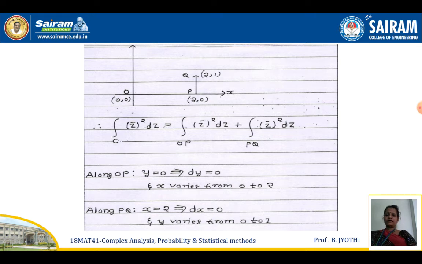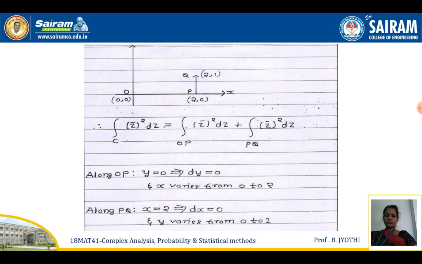So when it is moving from O to P, 0 is the value of y, only x is varying from 0 to 2. We can observe in the diagram. And when it is moving from P to Q, we can observe only y is varying from 0 to 1 because x is equal to 2, which gives dx is 0.